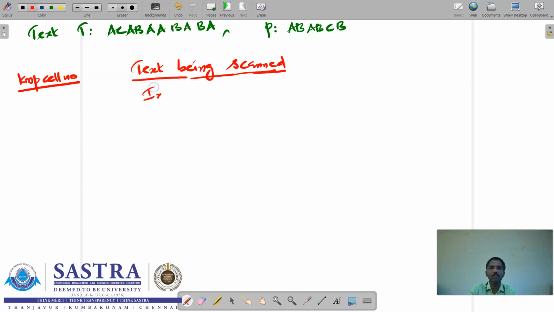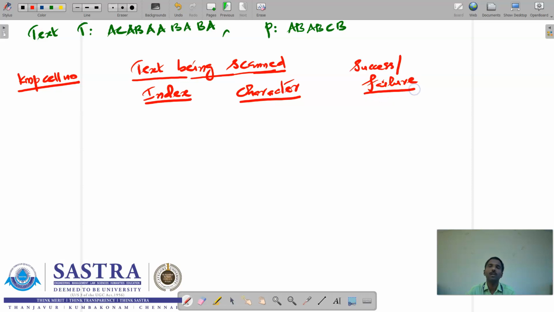One is the index and another one is the character. Then write success or failure and follow the corresponding links, success or failure. Text is AC, AB, AA, BA, BA.